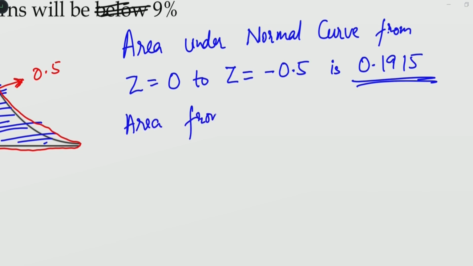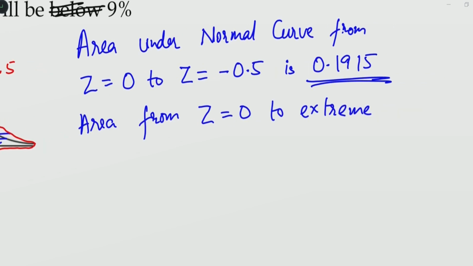Area from Z equal to 0 to extreme right equals 0.5.